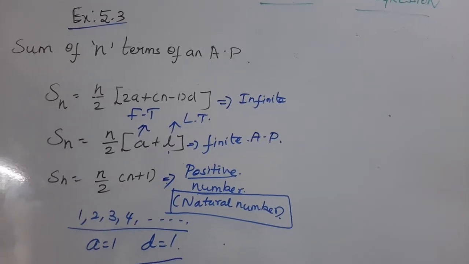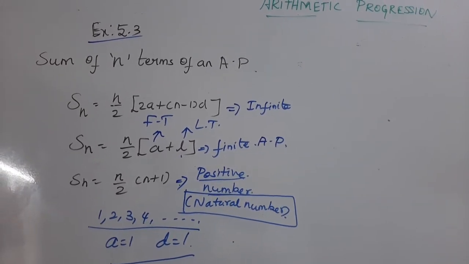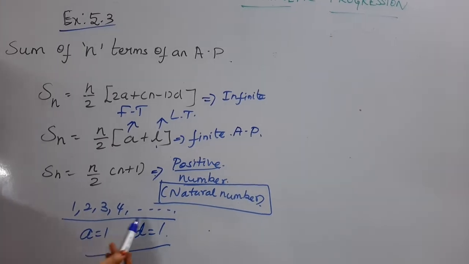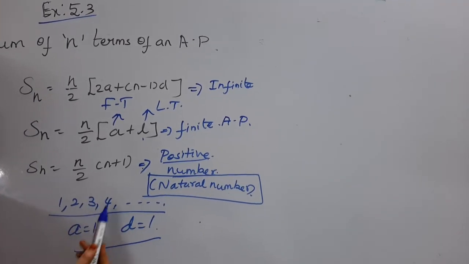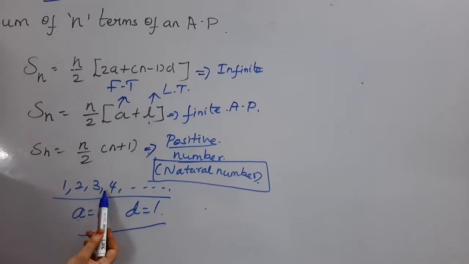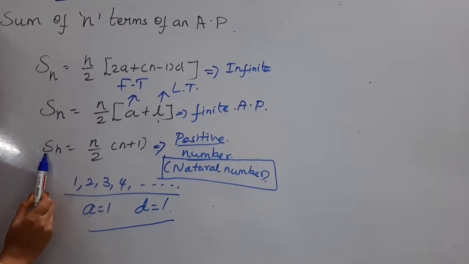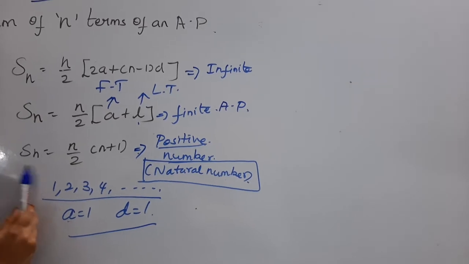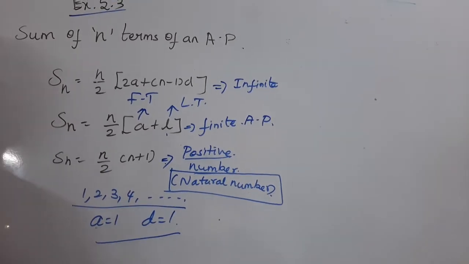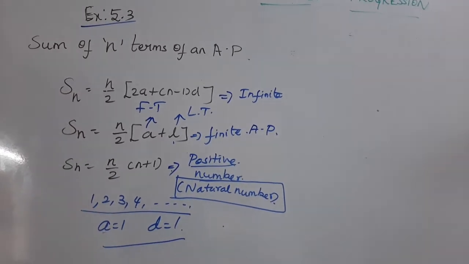Natural numbers start with 1, right? And they increase by 1, 1, 1. So 1, 2, 3, 4, etc. is natural numbers. For this series, a is 1 and d is also 1. For this kind of series, if they ask us to find the sum of 10 terms or 20 or 100, we will go for the formula n by 2 into (n plus 1).